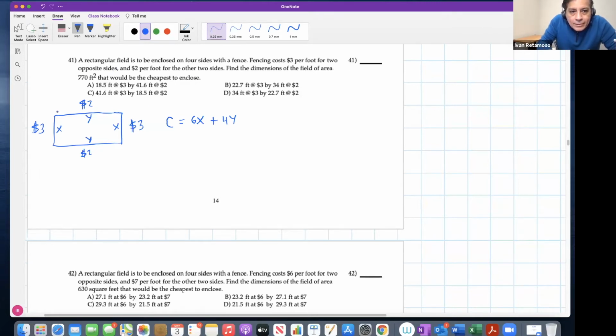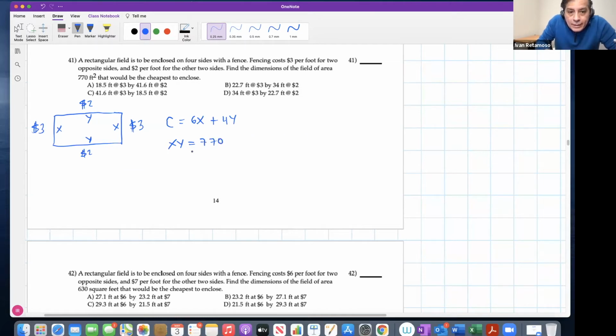No matter how you design this, the area, which is given by X times Y, should be equal to 770 square feet.